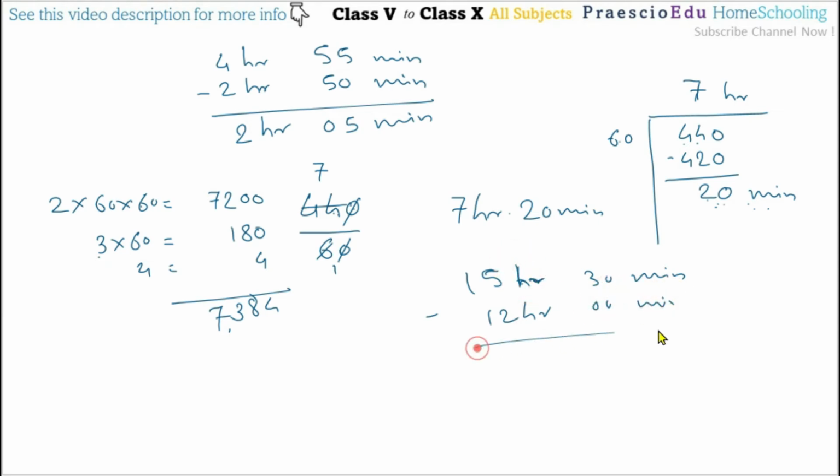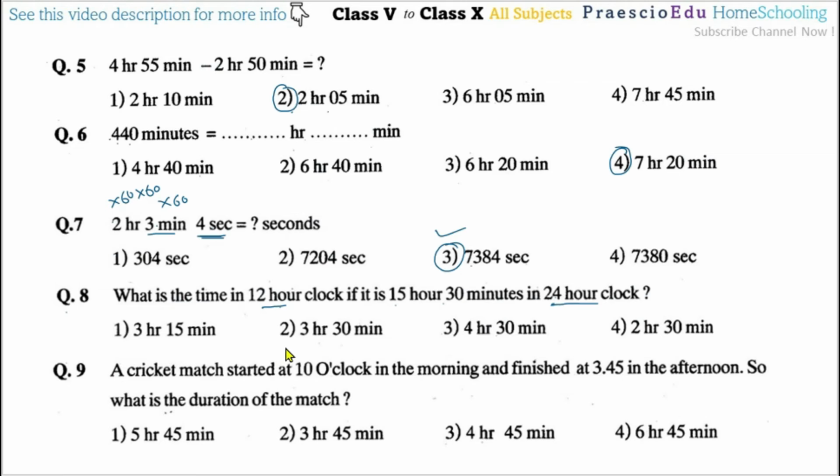So the 30 minutes as it is, then 15 minus 12 is 3 hours. So this is 3 o'clock and 30 minutes, it's PM. So 3 hours 30 minutes is in option number 2.